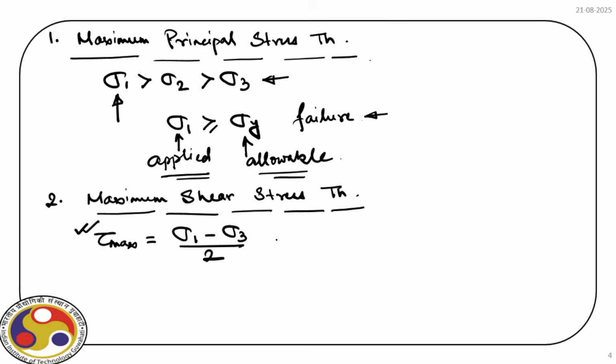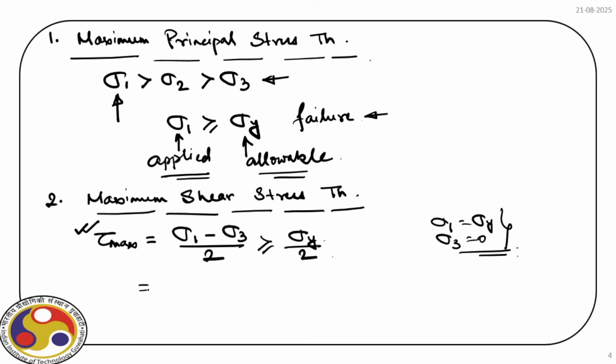So how to get that limit? In this expression on the right hand side, if you put sigma 1 equal to sigma y and sigma 3 equal to 0, then we effectively get the maximum limit of shear in case of uniaxial test. So this is sigma y by 2.